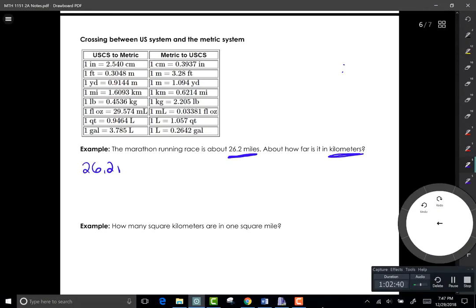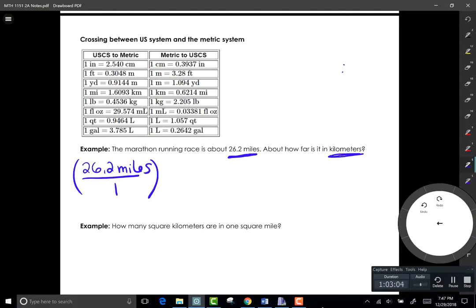26.2 miles. And I'm going to look to see if anywhere on my conversion chart I have anything that goes from miles to kilometers. If not, then I might have to put in a chain of conversion factors to get from one to the other to the next, to get wherever we're trying to go.